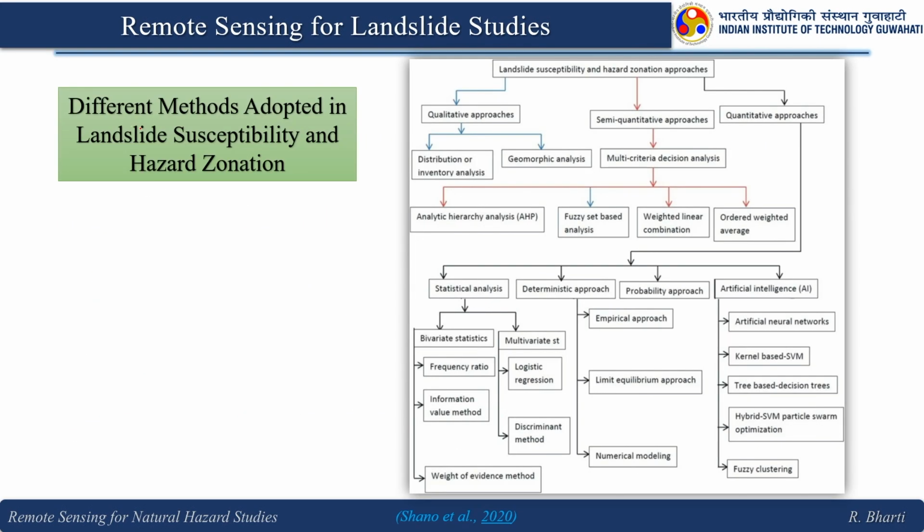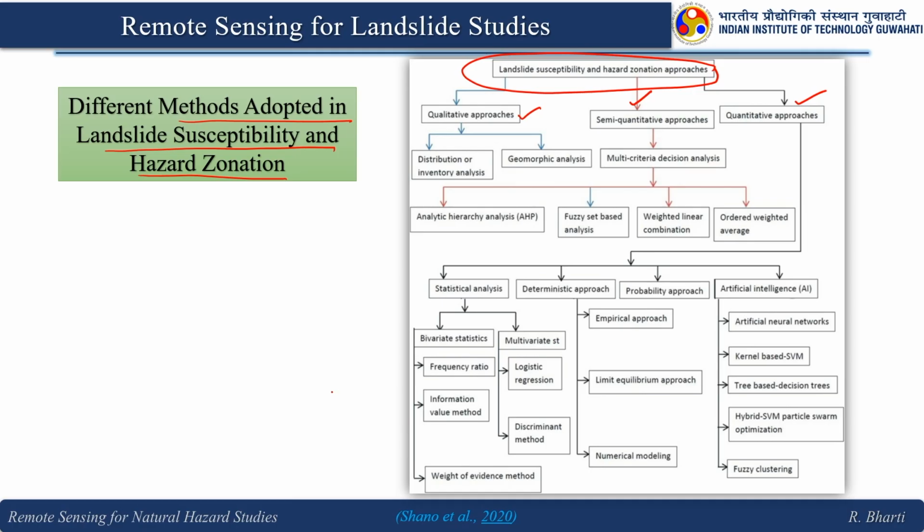This is the flow of different methods adopted in landslide susceptibility and hazard zonation. So, here you can see the landslide susceptibility and hazard zonation approach. You start from the qualitative approach, then quantitative, and there is a semi-quantitative approach.